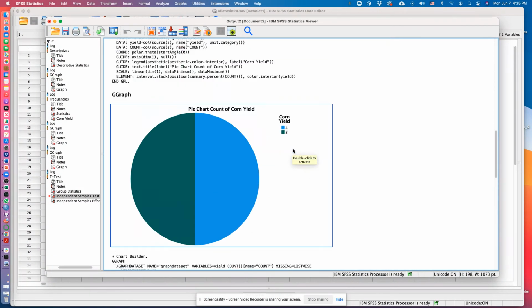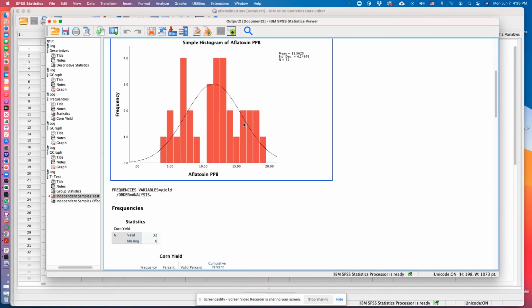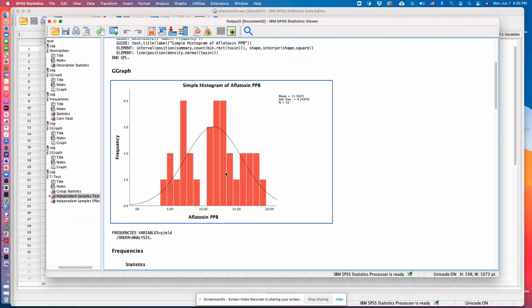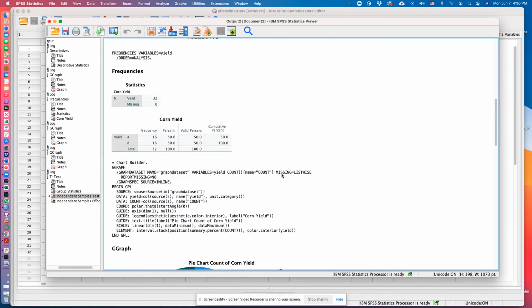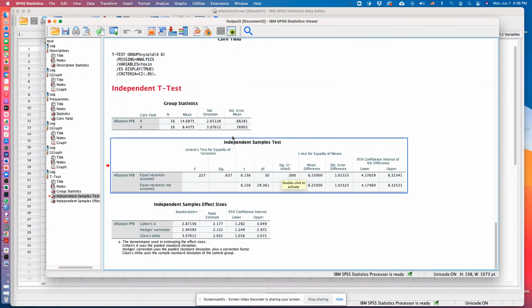So remember that when we did our histogram, we could see two distinct groups here. This was kind of group one, and this was kind of group two. If you did separate histograms for each of those, each would have their own distribution and their own standard deviation, just as we calculated here.